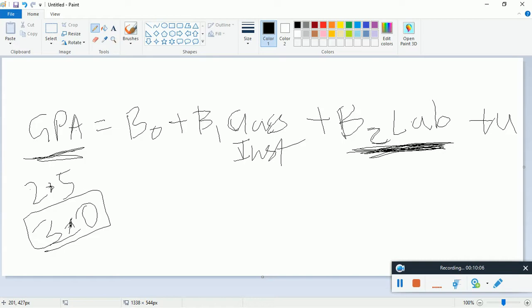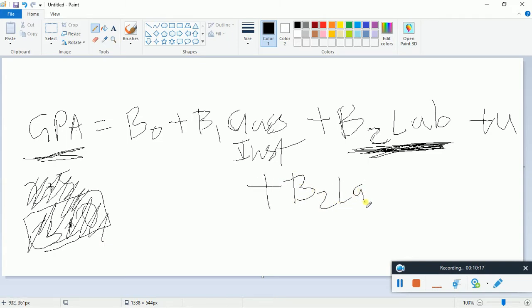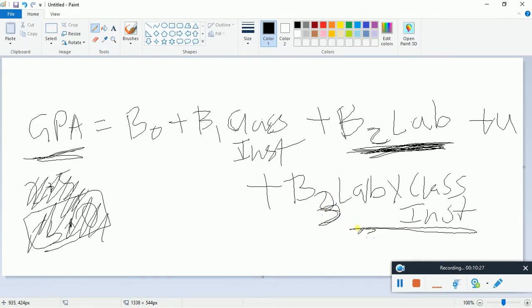Now what's the problem? The problem is that if we don't have an interaction term, so if we had an interaction term like beta 3 lab times class instructions, this extra term, this beta 3 term, is capturing the cumulative effect of both lab and class instruction.